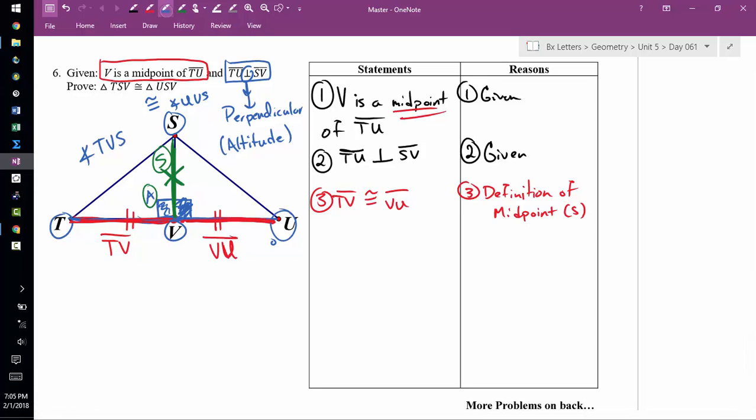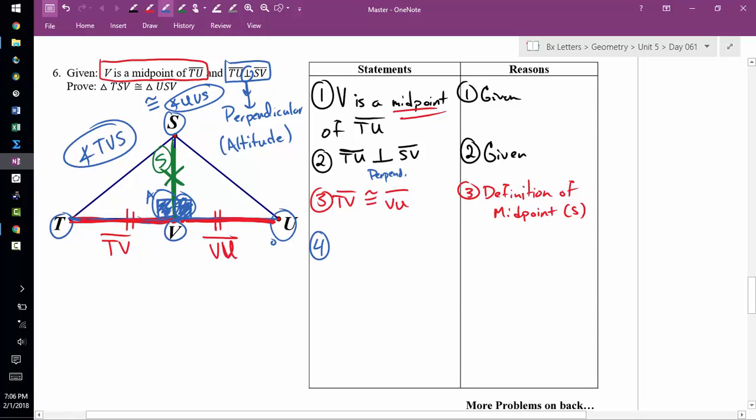The next thing we came across was that we got right angles here, there and there, that's angle TVS and UVS, and we know right angles have to be congruent. So we can just cut to the chase. We can say, look, because you had perpendicular lines, that's going to tell us that these angles, angle TVS and angle UVS, have to be congruent.